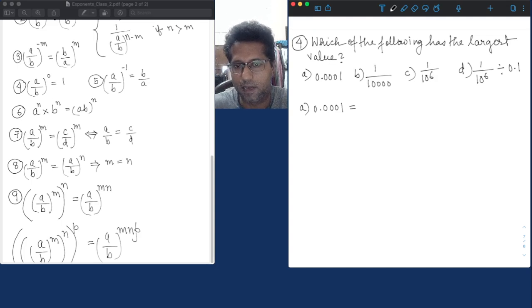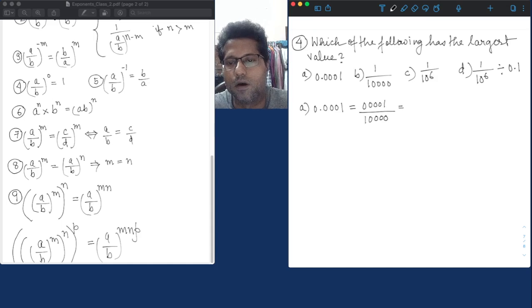As numerator of the fraction, we write the decimal number by omitting the decimal point, so this becomes 0.0001 divided by 1 followed by the number of zeros equal to the decimal places of the decimal number. The decimal places in this number are 1, 2, 3, 4. So 4 zeros.